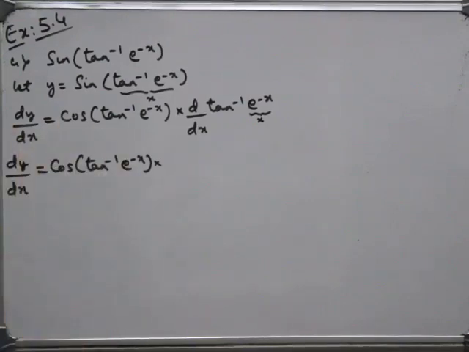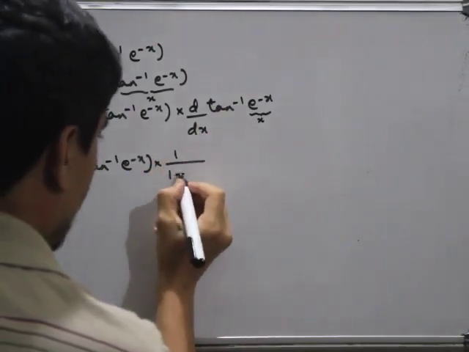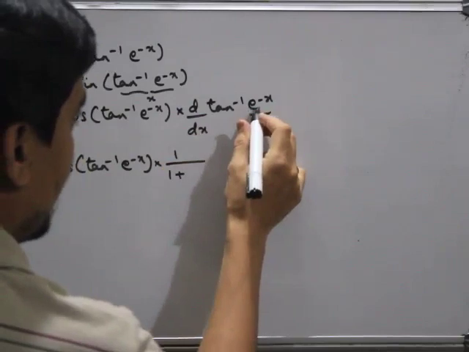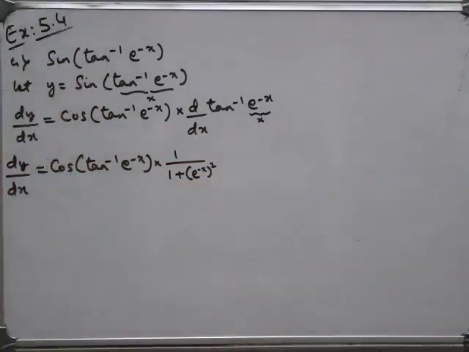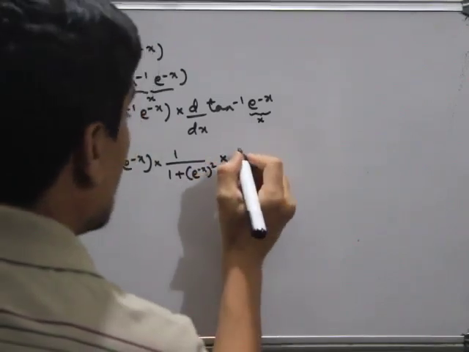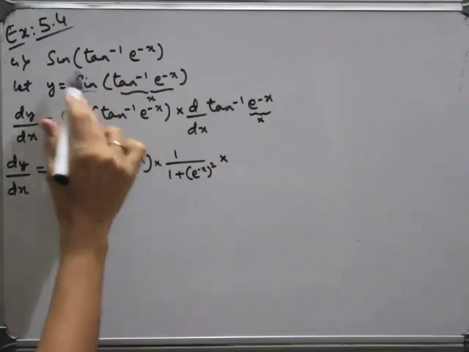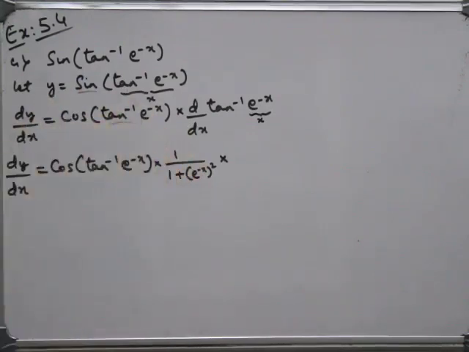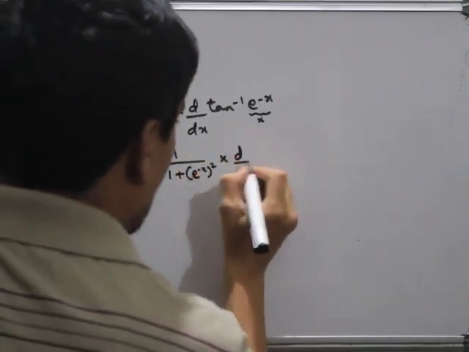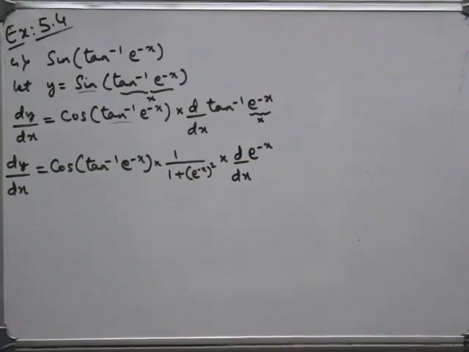Instead of x, we have e to the power of minus x, so write it as e to the power of minus x whole square. In the first step we differentiated the sine function, in the second step the tan inverse function. Now differentiate e to the power of minus x.